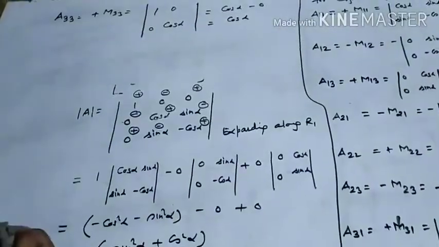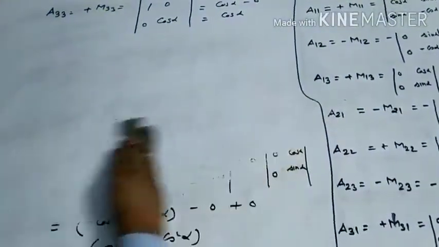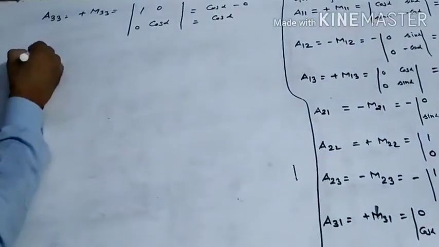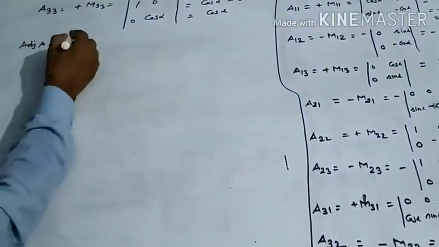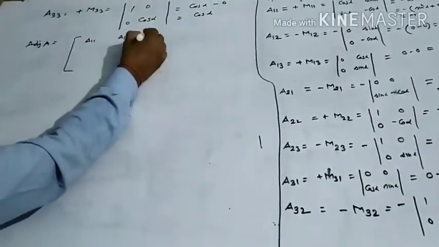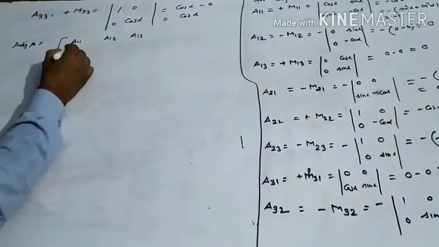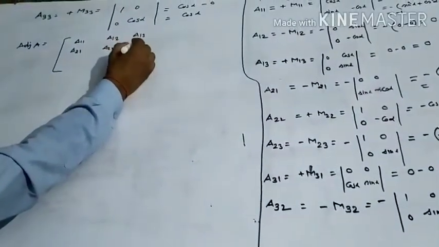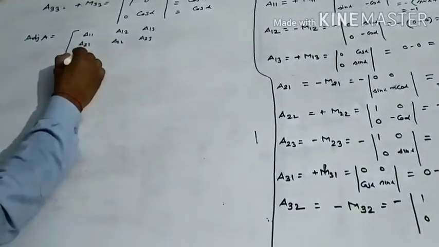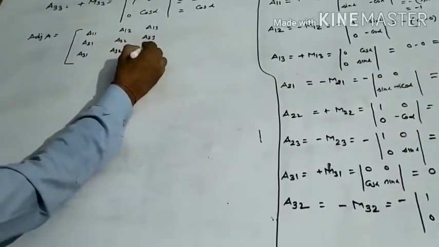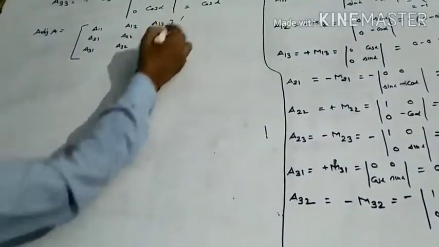Now after that we want to find out adjoint of matrix A. So adjoint of matrix A, this is equal to A11, A12, A13, A21, A22, A23, and then after A31, A32, A33, and then after transpose.